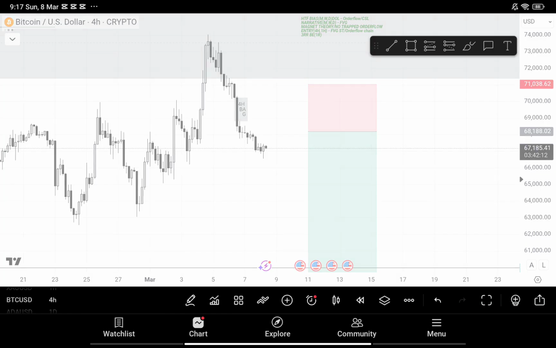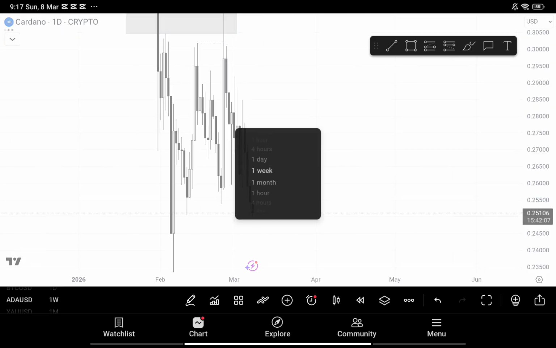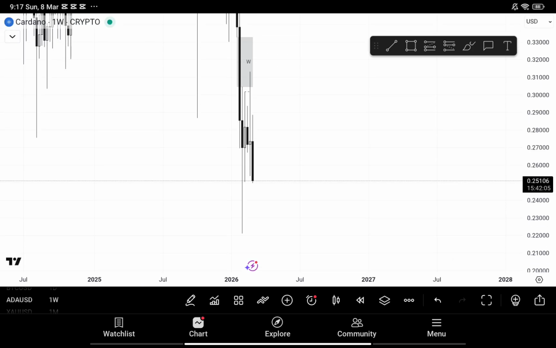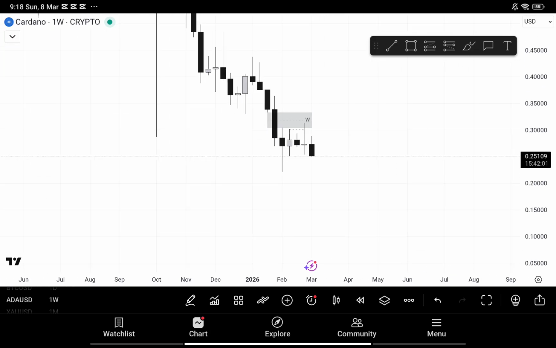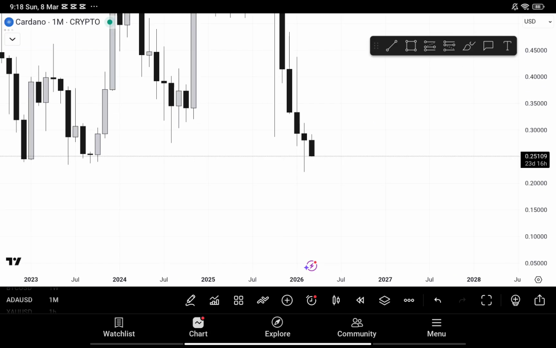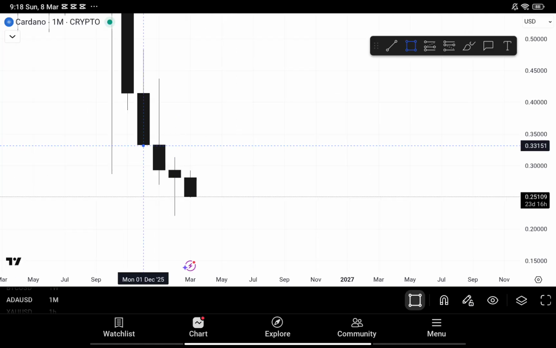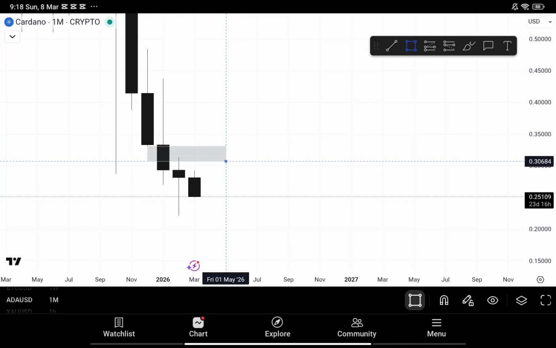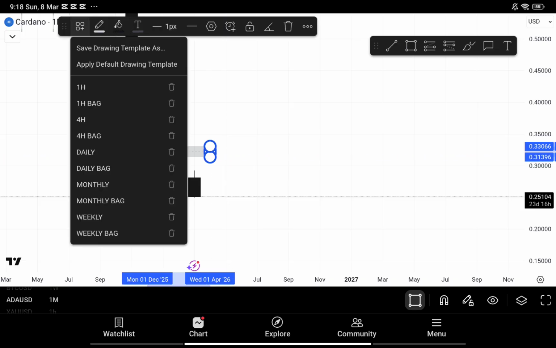I think I added Ada to my watch list. It's a very nice pair. You can see that we are playing on Ada. I was expecting price to come back to this monthly fair value gap. I won't call it a gap because it's actually a fair value gap.